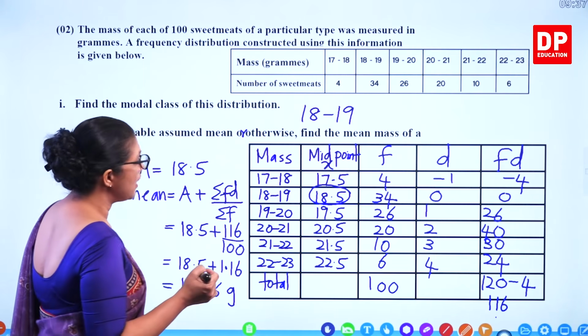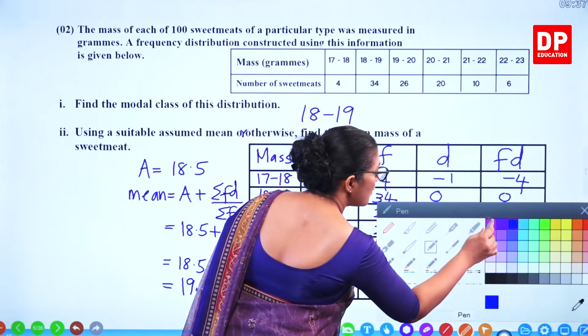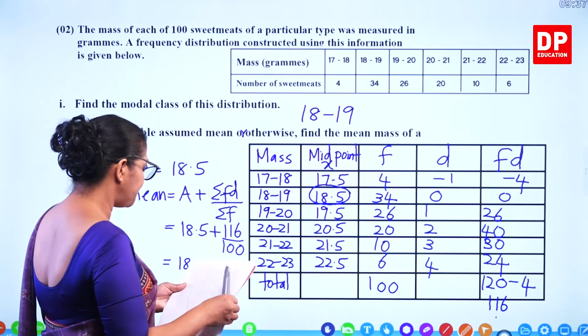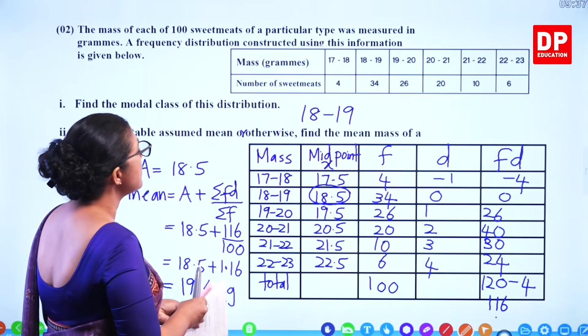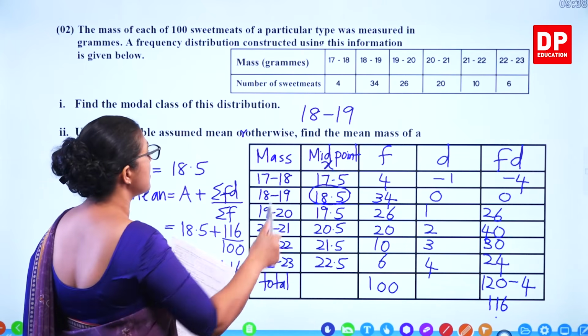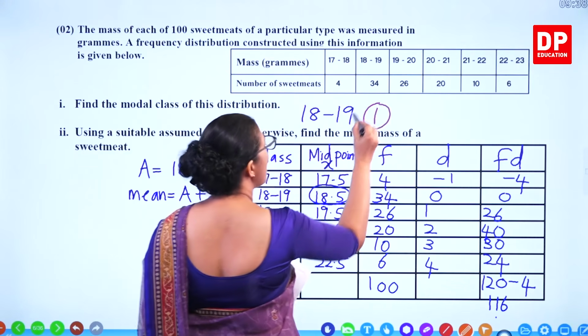We'll see how you get marks for this. So according to the marking scheme, it says normally 1 mark for the first answer, modal class.